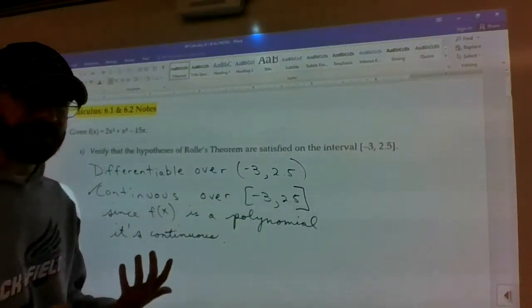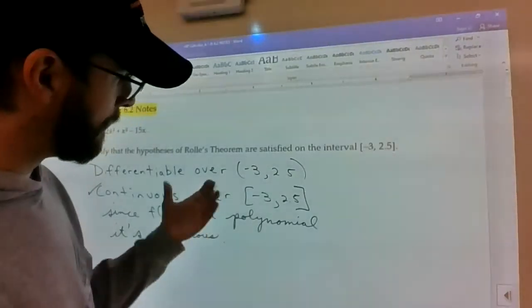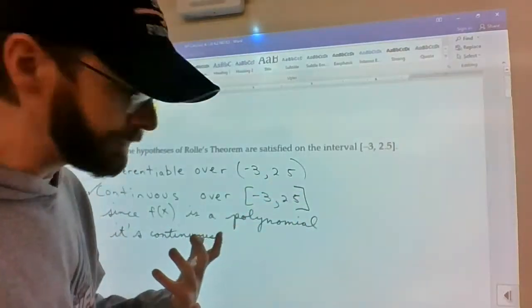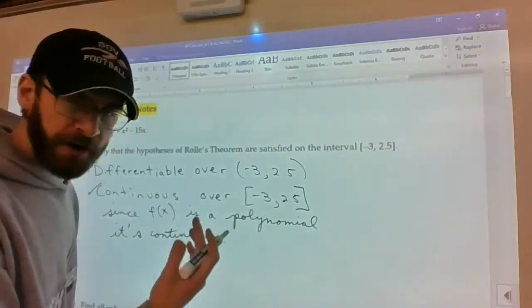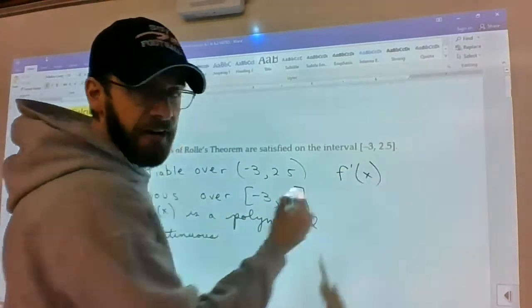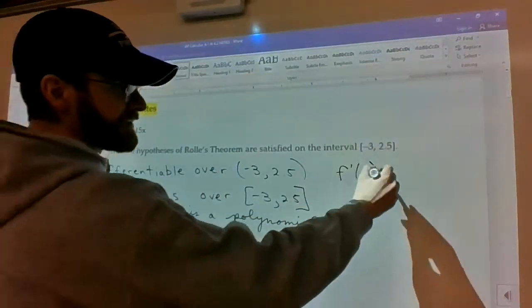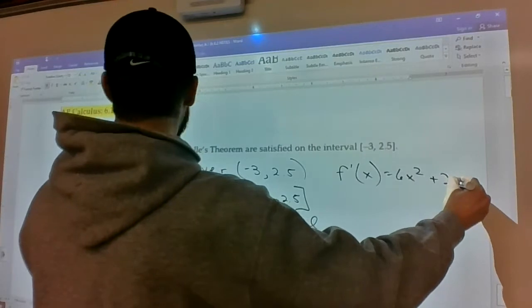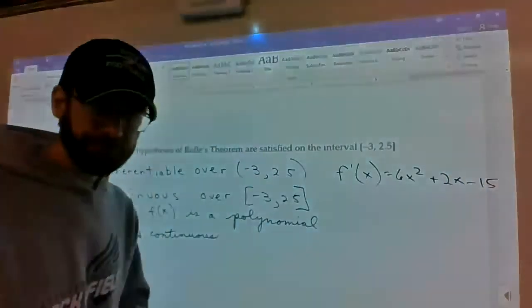Now, can we confirm whether or not it's differentiable? Well, the derivative of f is 6x squared plus 2x minus 15.